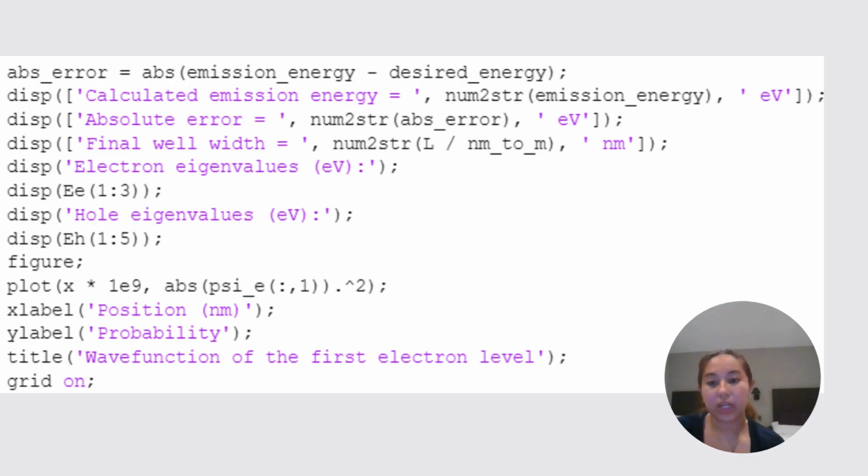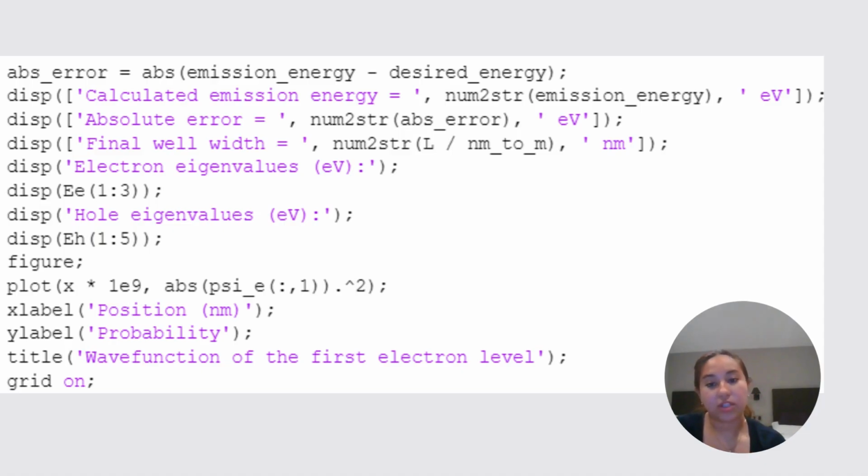At each iteration, the lowest electron energy and the lowest hole energy are extracted and combined with the GaAs bandgap to compute the emission energy, given by E emission equals Eg plus Ee plus Eh. If this value differs from the target photon energy by more than the tolerance, the well width is increased by a small step and the entire process is repeated. This iterative loop continues until the maximum number of iterations is reached or the desired accuracy is achieved.